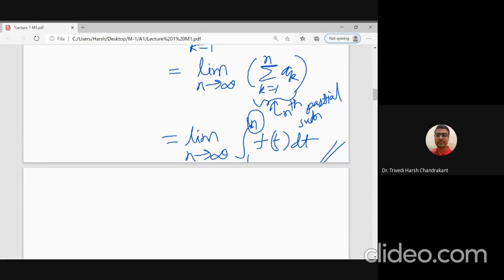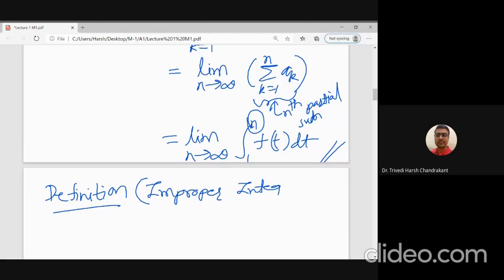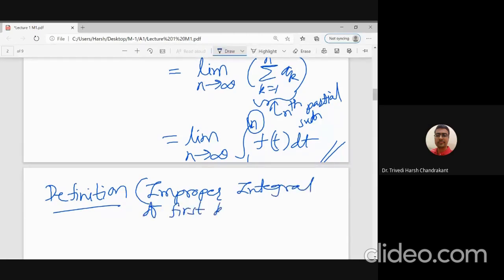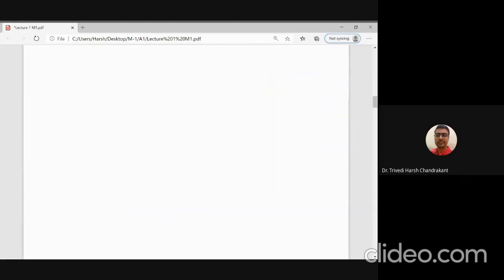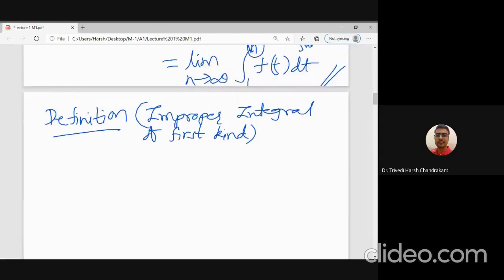Definition of improper integral of the first kind. So there are basically two types of improper integral. First, we are discussing the first type of improper integral.